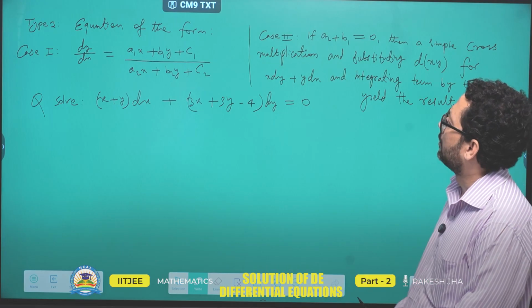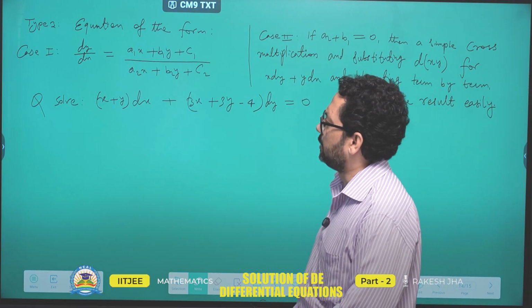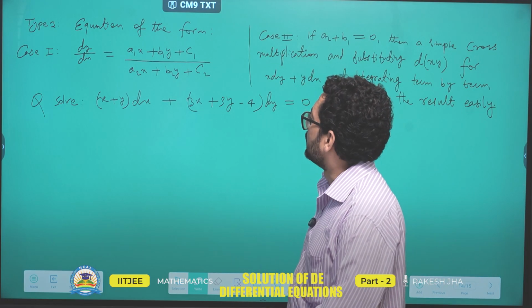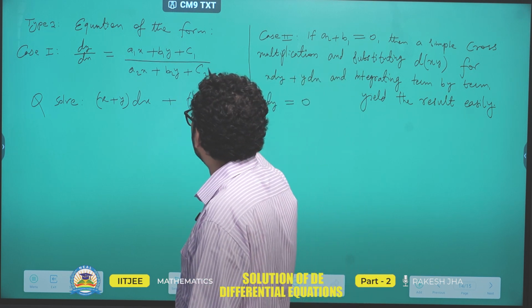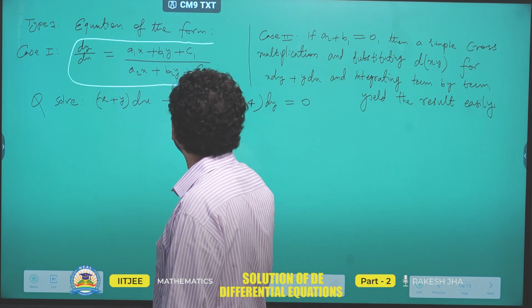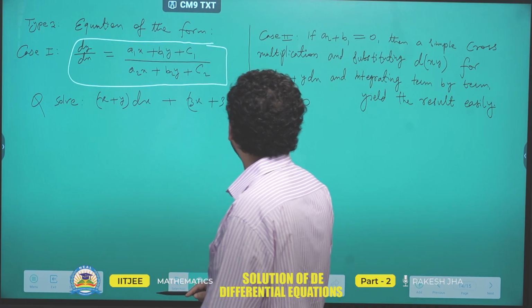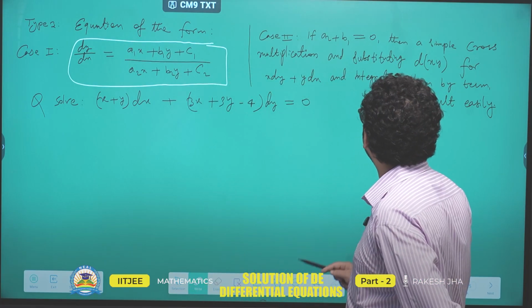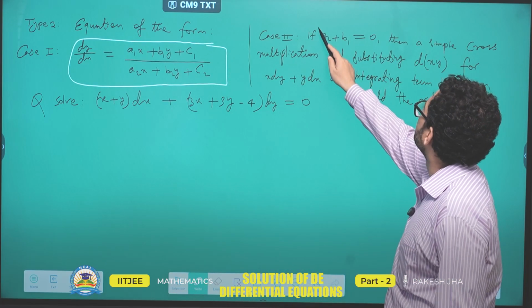So here, now we will talk about the third type. In the third type, equation of the form wherein case 1 is this, and case 2 we have this.